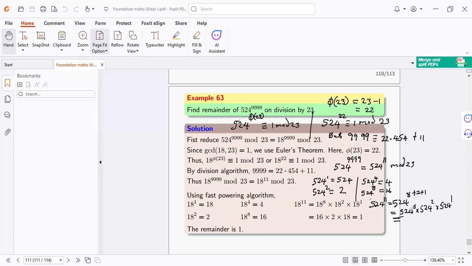But 524 raised to 8, we found the answer to be 16. Then this other one, we found the answer to be 2. Then this other one, the answer is 524.